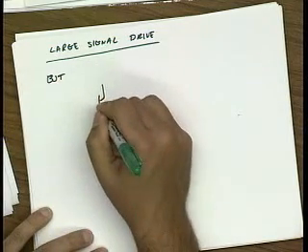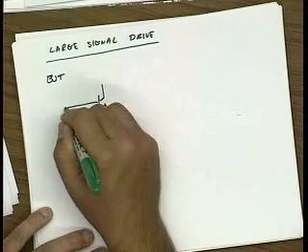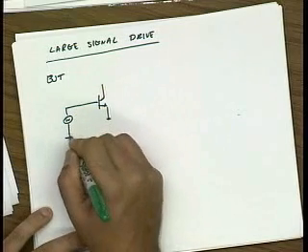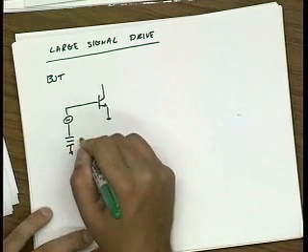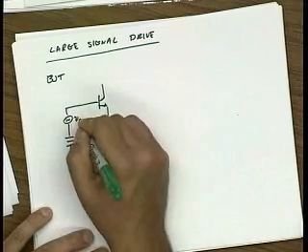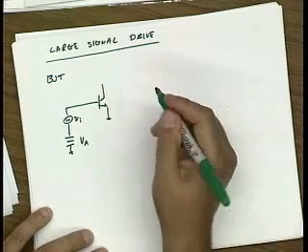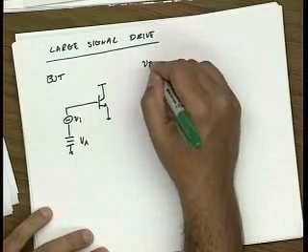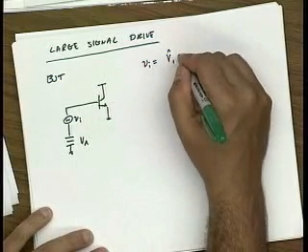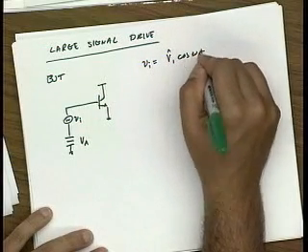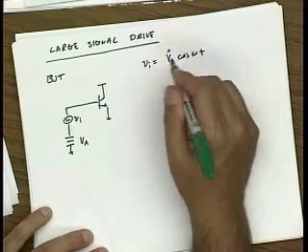I'm going to bias my bipolar device at some voltage VA, and drive it with some signal VI, which is some sinusoid with a significantly large amplitude.